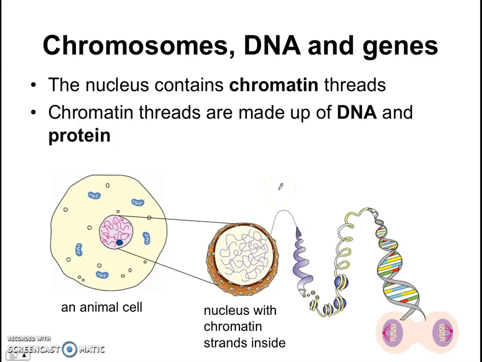So chromatin is actually made up of DNA wrapped around protein molecules. So there is a difference between chromatin and DNA. Chromatin equals DNA plus protein. DNA just refers to this very long molecule, which we'll see in a while. It contains genetic information. It contains genes.